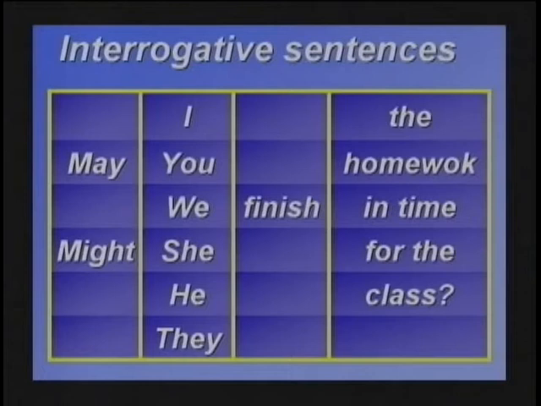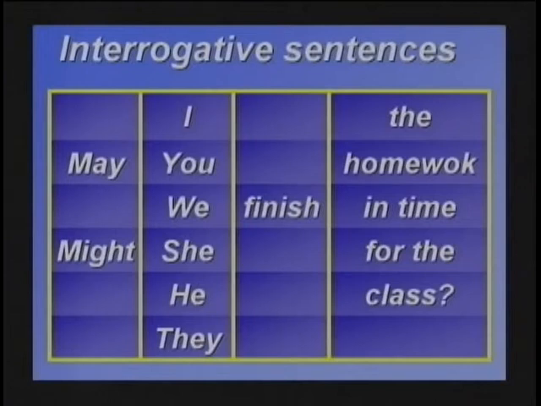What about the interrogative sentences? Bueno, cuando vamos a formar las oraciones interrogativas, primero colocamos el verbo modal, en este caso, may or might. Después, the subject, o sea, el sujeto de la oración, en este caso, I, you, we, she, he or they.